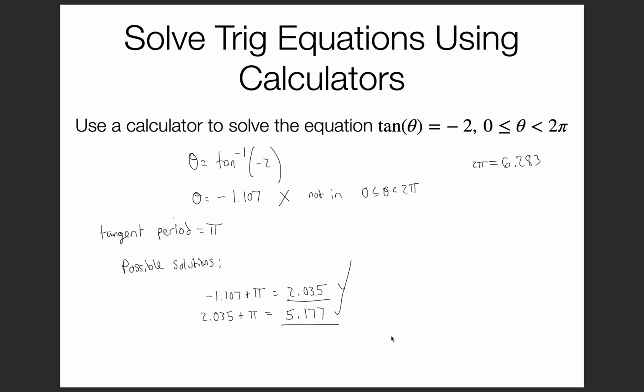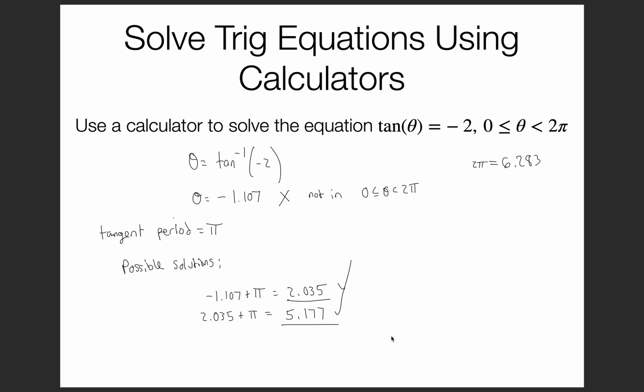Okay, and so if I use inverse tangent to switch the equation tangent of theta equals -2 to theta equals inverse tangent of -2, I can then substitute that into my calculator, and the inverse tangent of -2 you'll find is equal to -1.107.